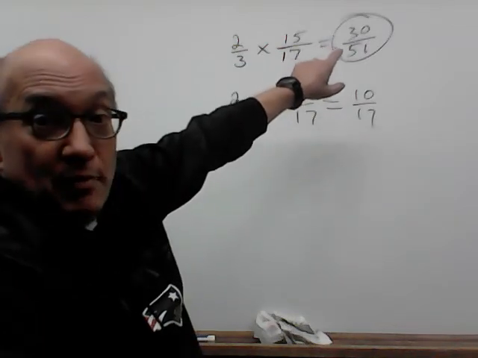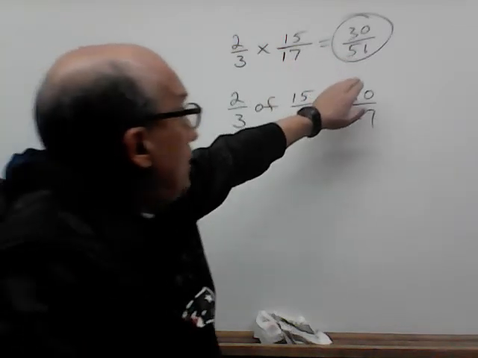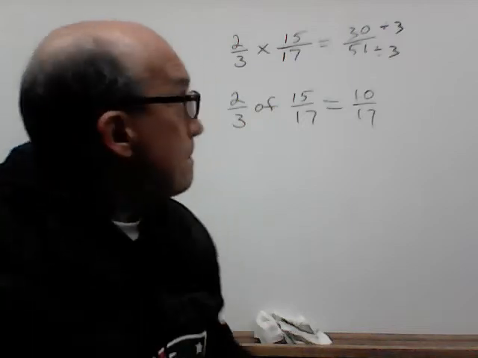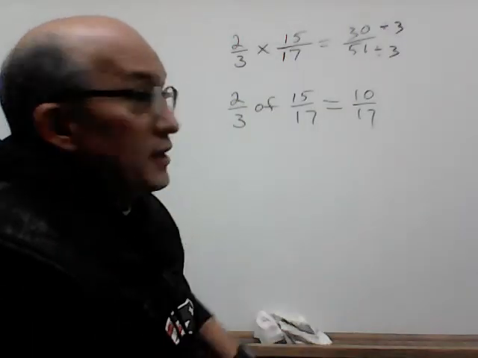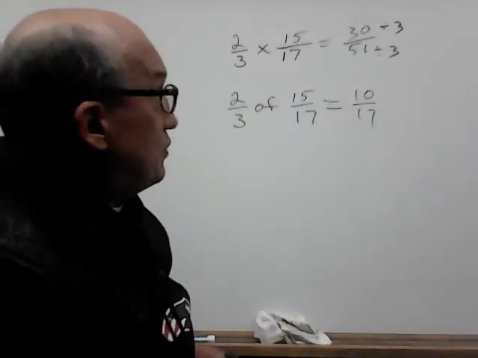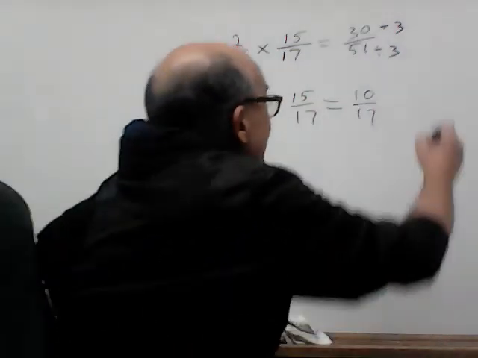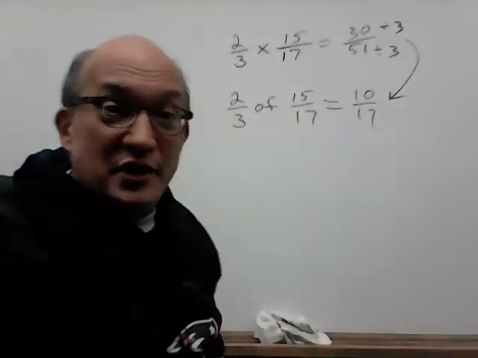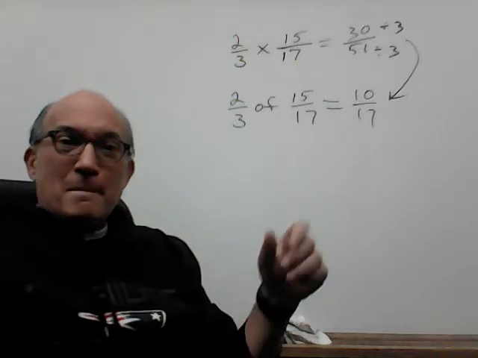We can divide the top and bottom of the 30 over 51 by 3. 30 divided by 3 is 10. 51 divided by 3 is 17. So we did not get 2 different answers.